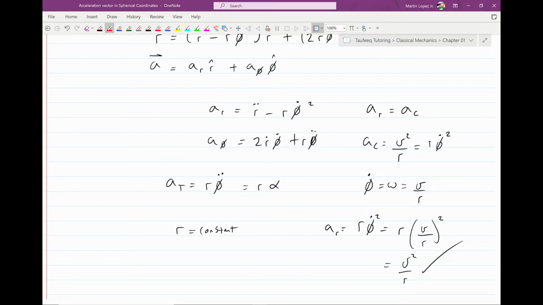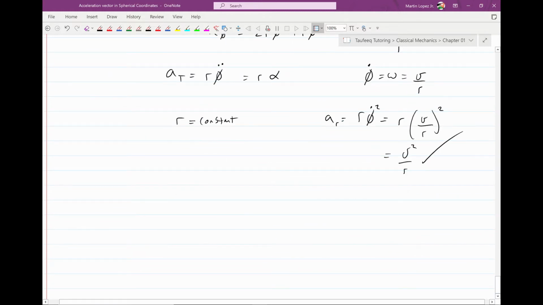All right. Great. So we're done. We got the acceleration in Cartesian coordinates. We got the acceleration in polar coordinates. Now, we are going to get the acceleration in polar coordinates again, but in a different way. Now, what two things did we need to get the acceleration in polar coordinates?